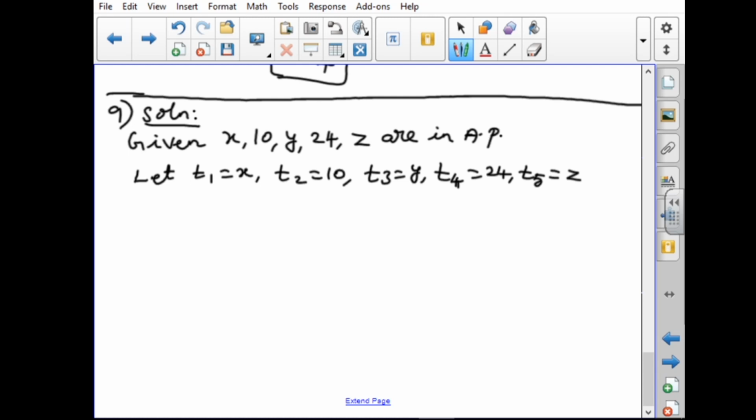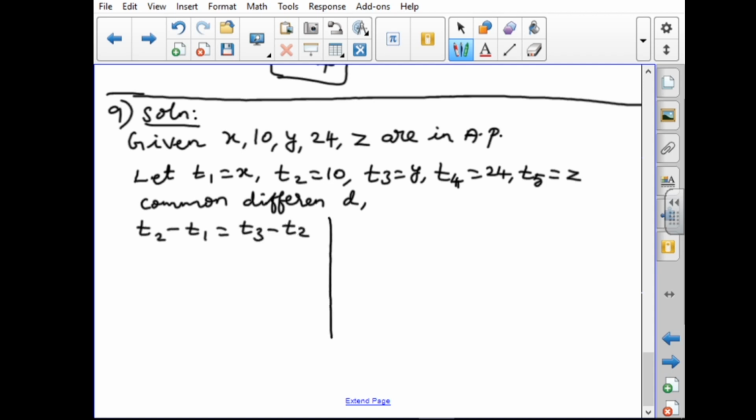The first condition we have to use, common difference d, that is equal to, the first condition is T2 minus T1 equal to T3 minus T2. The second one: here 5 terms are given, so you have to take another 2.